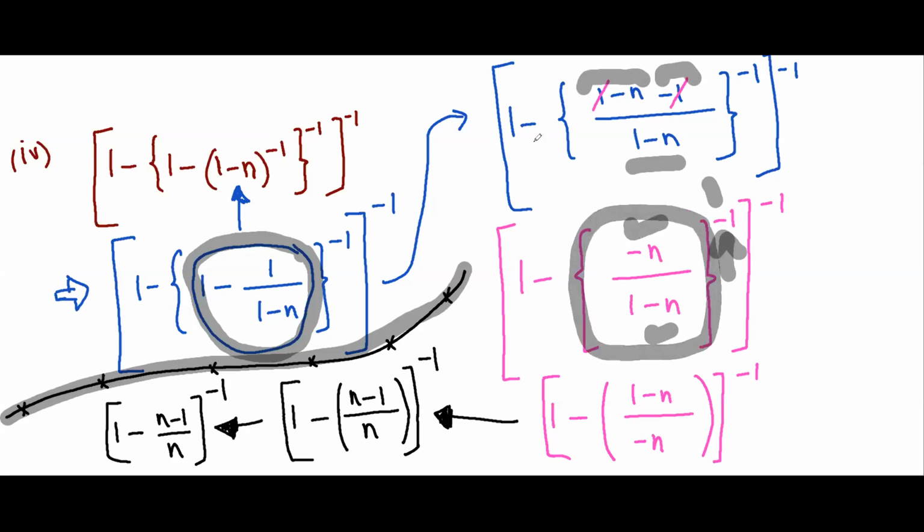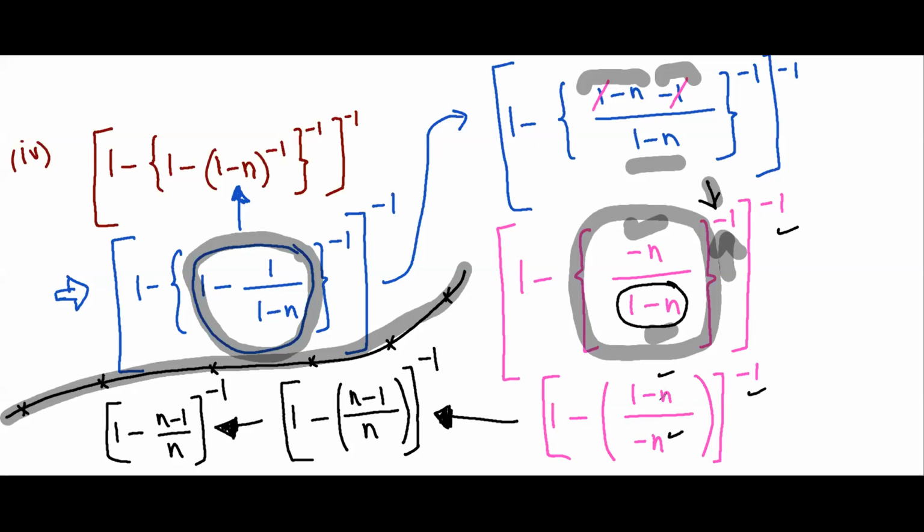I hope you get this. 1 minus n goes to the numerator, and minus n comes to the denominator. This minus 1 has vanished. There is a 1 and the solid bracket outside, and there is a minus 1 still waiting outside. Now what I have done is I have taken this negative and cancelled this negative.